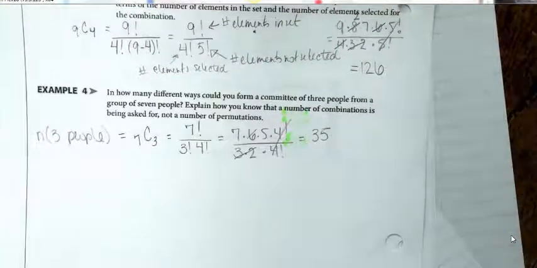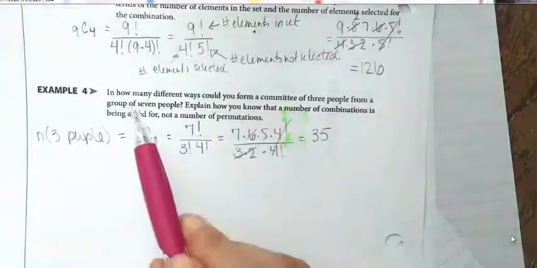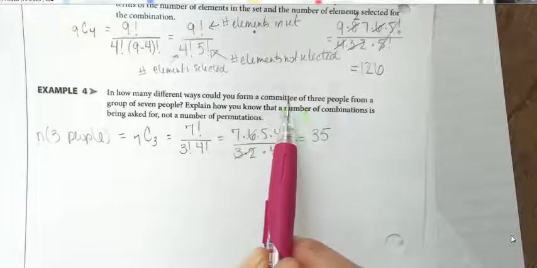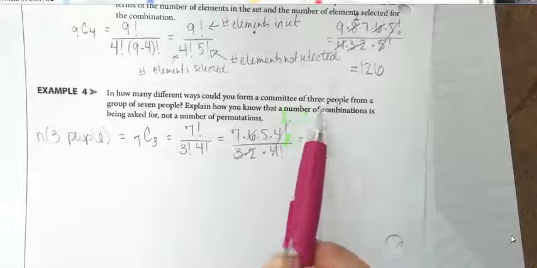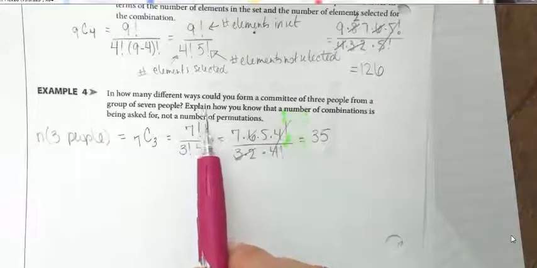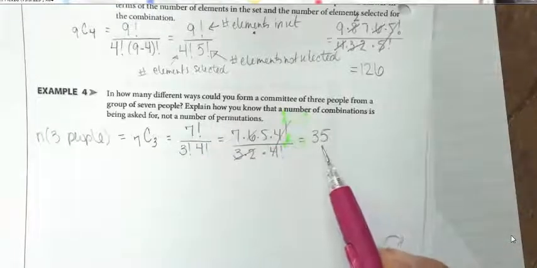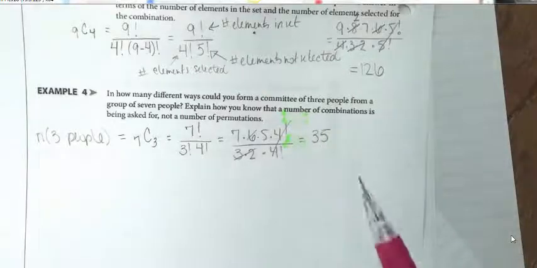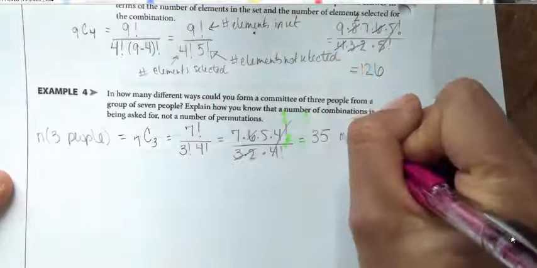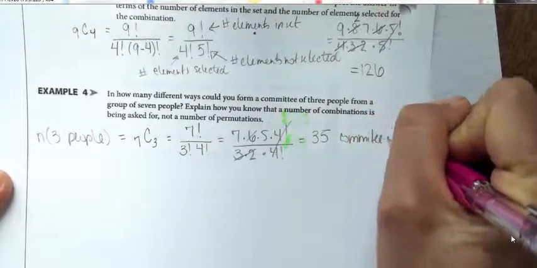Okay, 35 what? So let's read this one more time. In how many different ways could you form a committee of 3 people from a group of 7? So this is like the number of different types of committees I could have. So 35 committees.